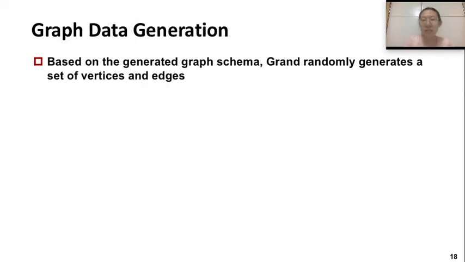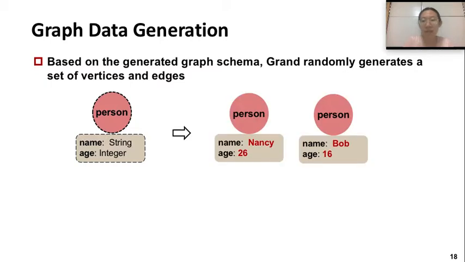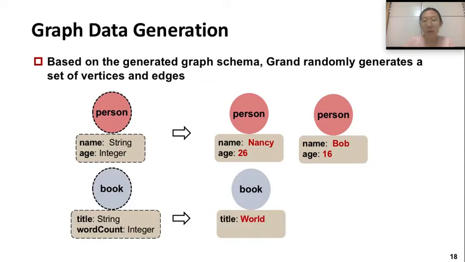According to the generated graph schema, GRound then further generates the graph data. For the vertex generation, we first randomly select a vertex type. Then we randomly generate property values of this vertex type. Note that we randomly select a subset of property types, so we can generate a vertex whose label is book and only has a title property.